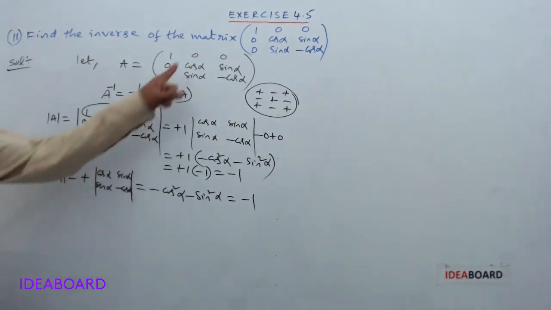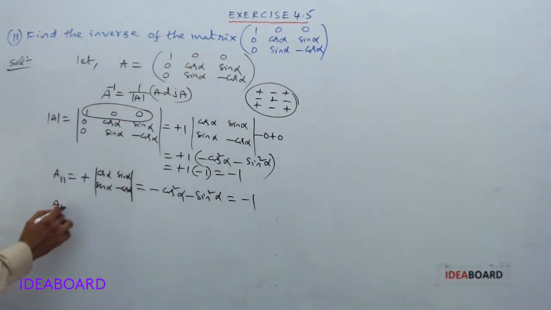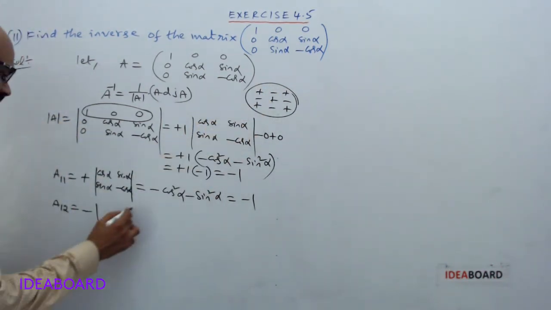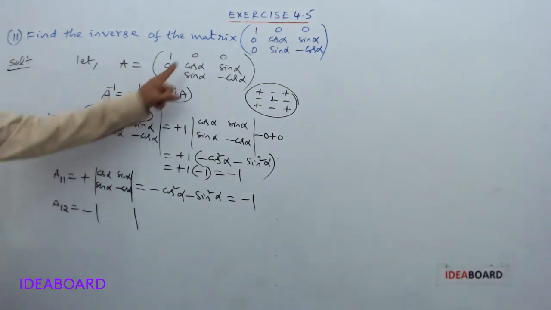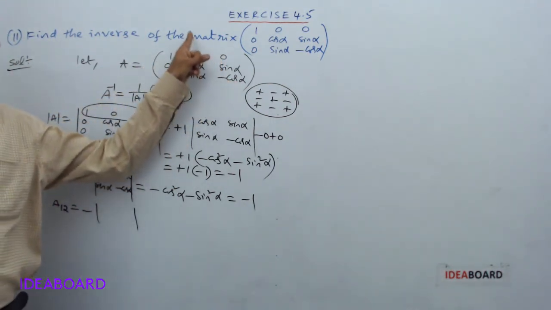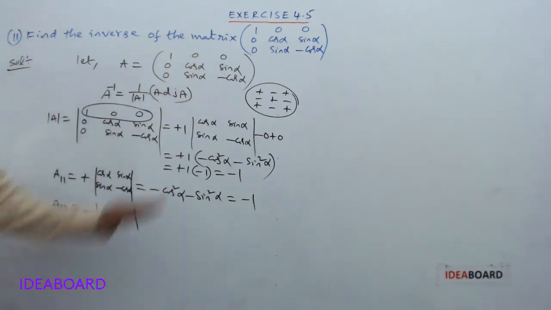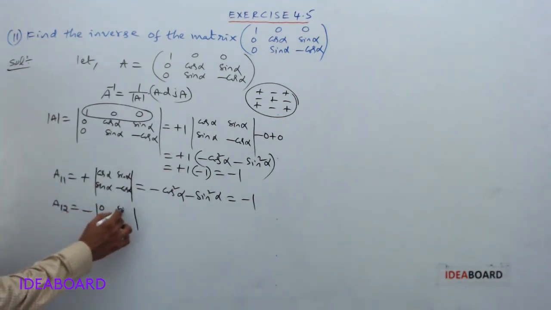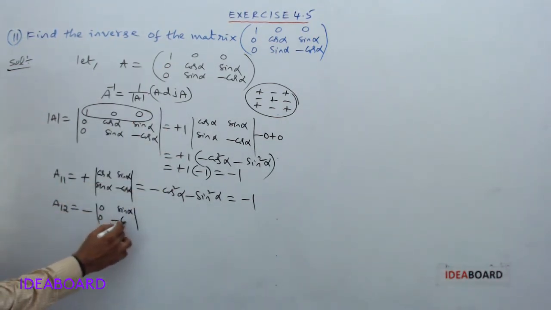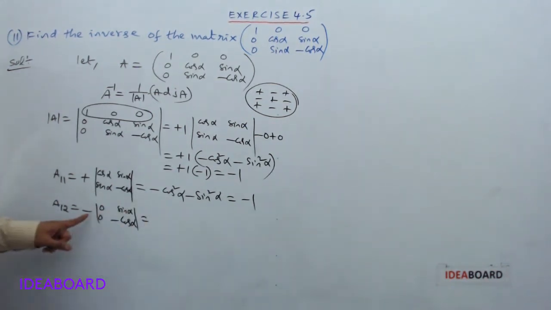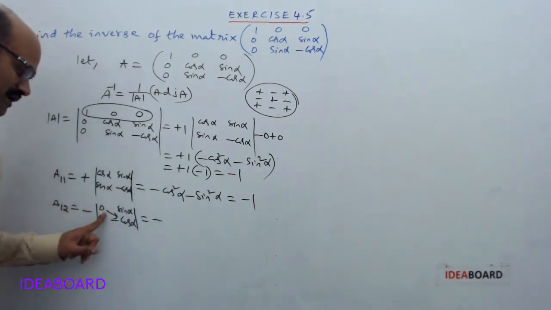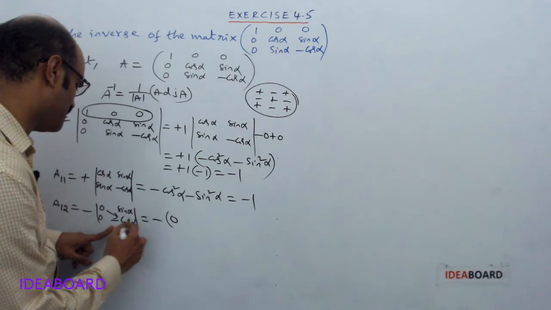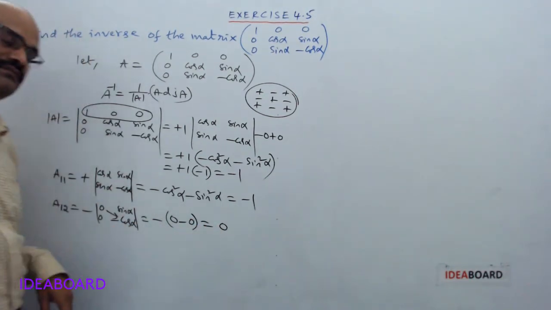Next A12 equals, we have the sign minus here, minus the determinant of the remaining 4 elements for the element 0 in first row and second column: 0, sin alpha, 0, minus cos alpha, which is minus of the product of diagonal elements difference, 0 minus 0 equals 0.